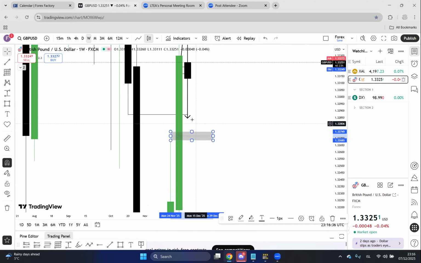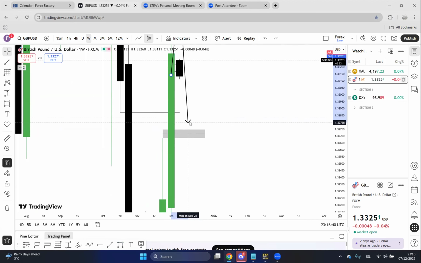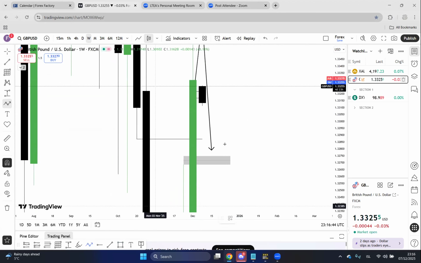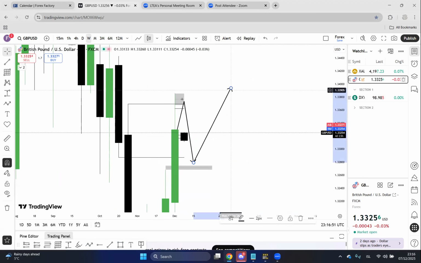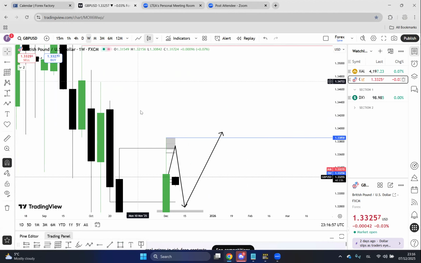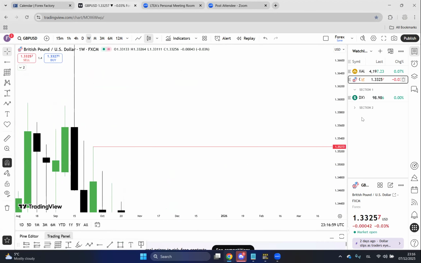It's not bad. Then continue going back up because price is kind of bullish for now. Then we will target the high of the previous week, that one, and potentially all of this, because we are coming all the way up for sure.